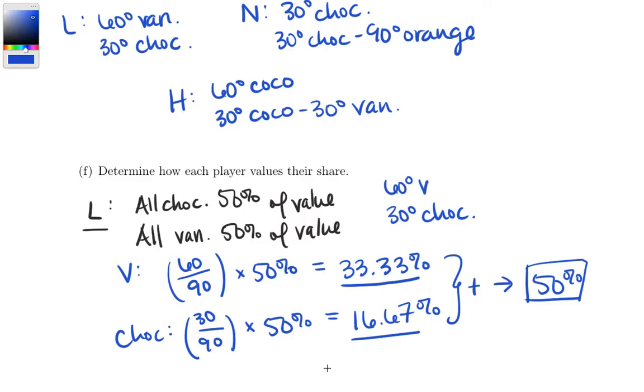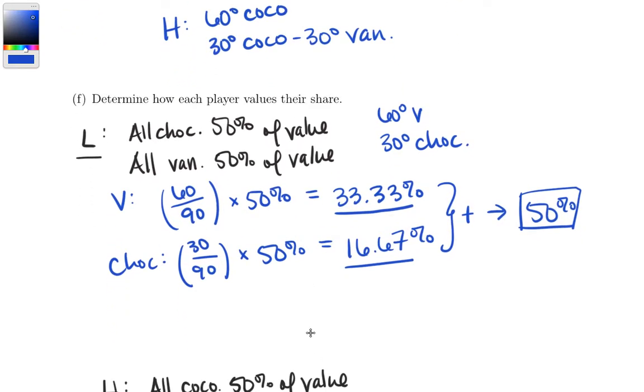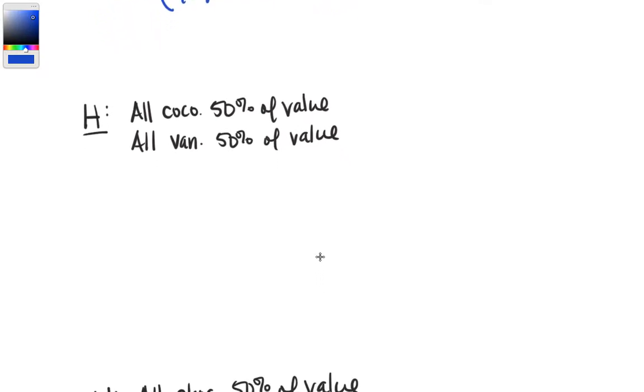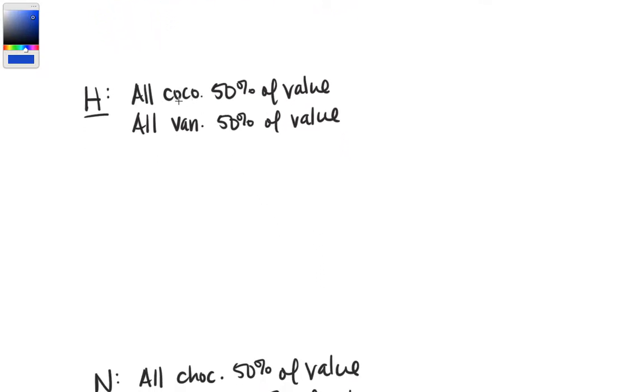Now we want to do the same computation for Neville and Hermione. Okay, so for Hermione, she thinks that all of the coconut is half the value of the cake, and all of the vanilla is half the value of the cake.